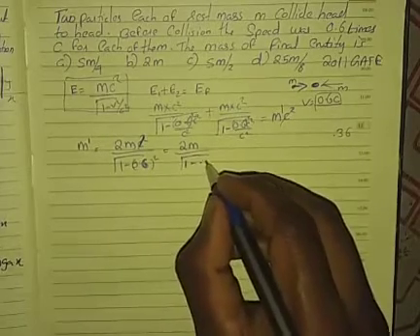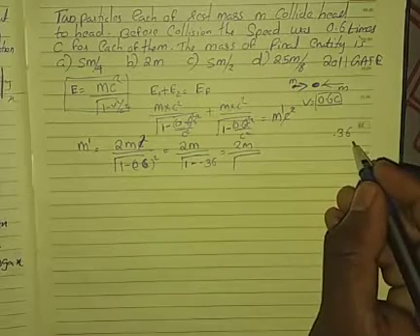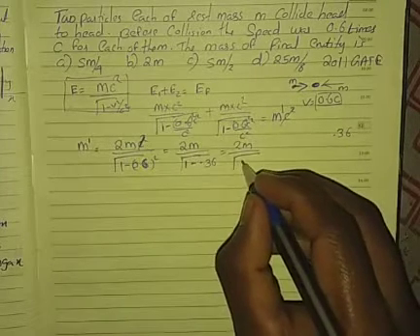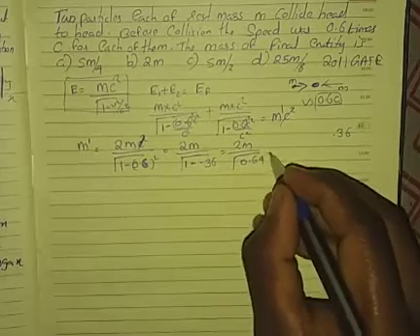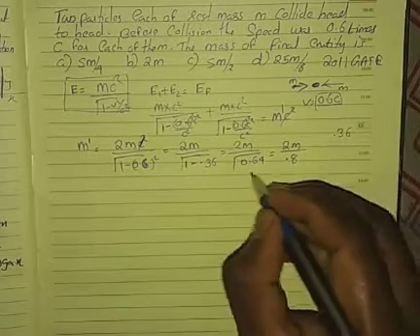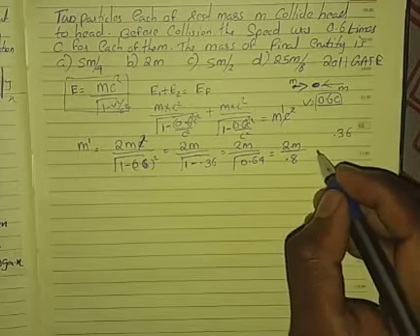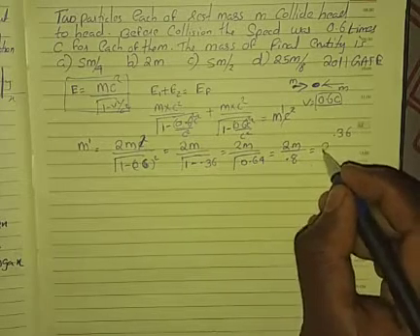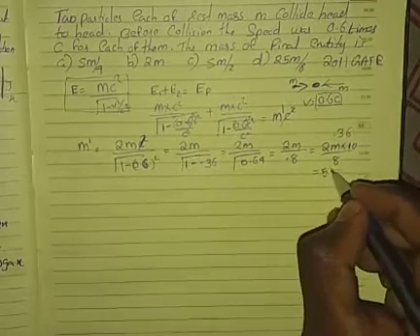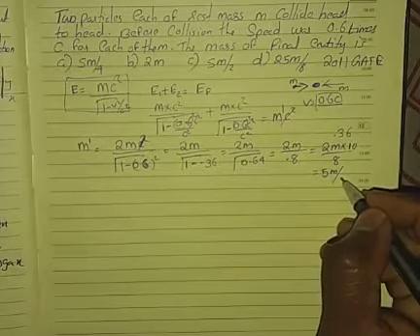1 minus 0.36 is 0.64, so we get 2m by root of 0.64. The root of 64 is 8, so the root of 0.64 is 0.8, which gives 2m by 0.8, equal to 2m into 10 by 8, which is 20m by 8, equal to 5m by 4.